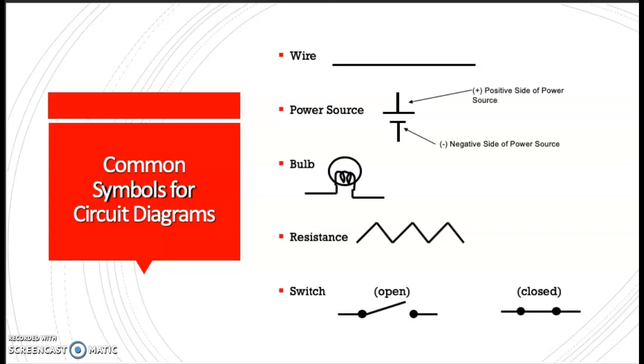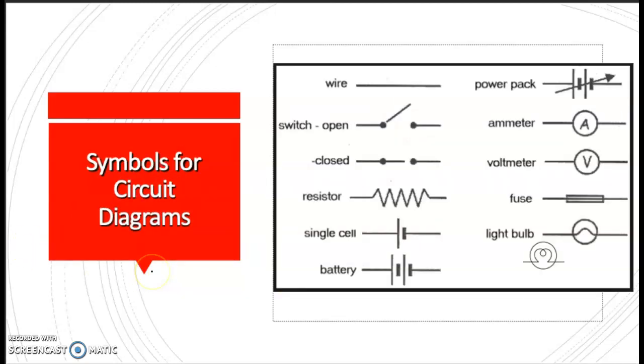Okay, another table showing different parts of a circuit diagram. We have wires, open switch, closed switch, resistor, a single cell, that would be one battery, or double cell battery, so that might be two connected together. You can see the difference there. If you have a power pack, sometimes it's drawn this way.